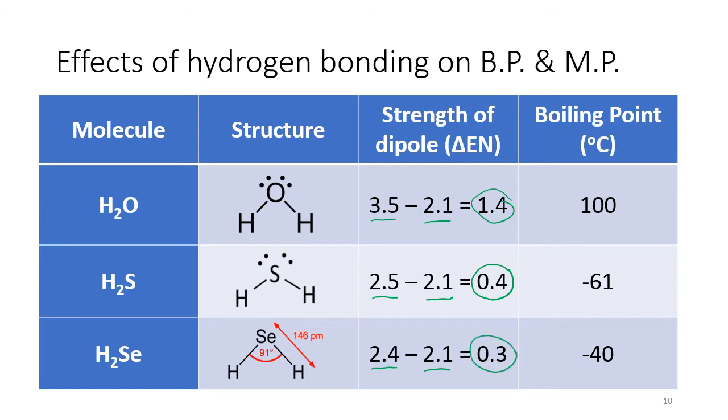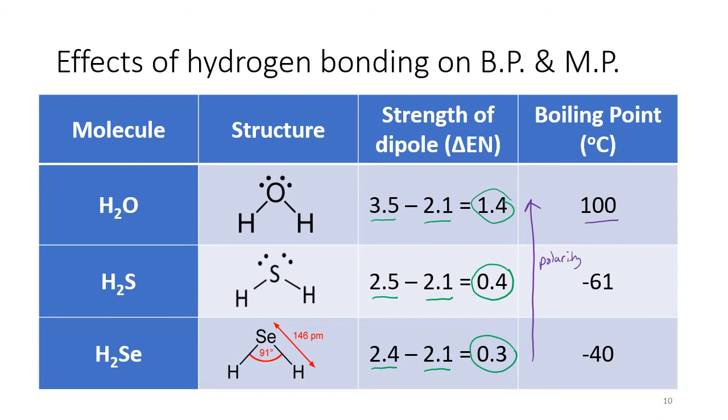As our difference in electronegativity increases, the polarity of our molecules increases. And as the polarity increases, the boiling point of that molecule will increase as well. Water is a liquid at room temperature and has a rather high boiling point, 100 degrees Celsius. This is due to the hydrogen bonds that it can form, the multiple hydrogen bonds that one molecule of water can have.